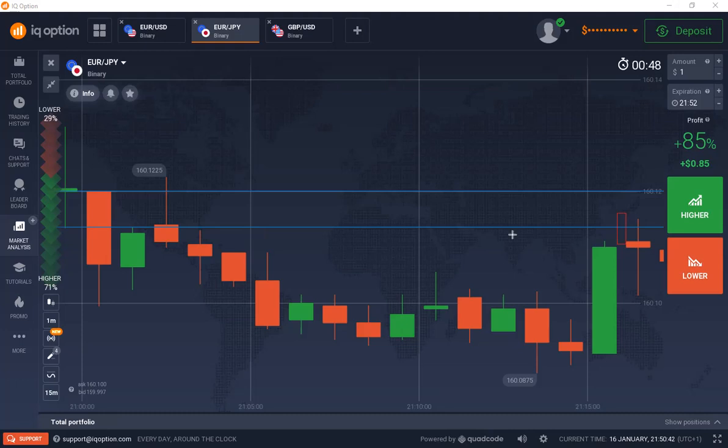We have to wait for a green candle to close inside the zone before you predict that the next movement will be red. That is what we are waiting for.